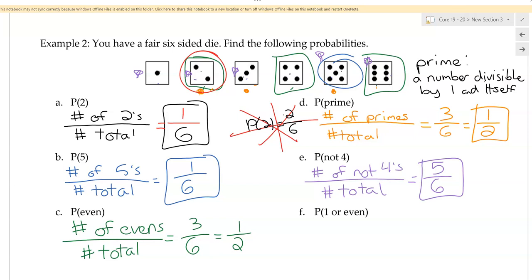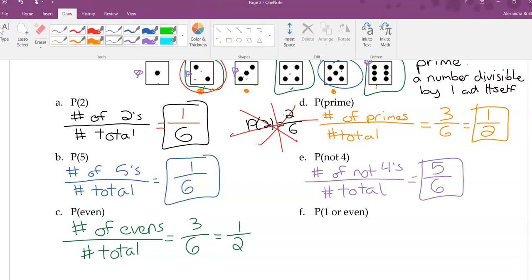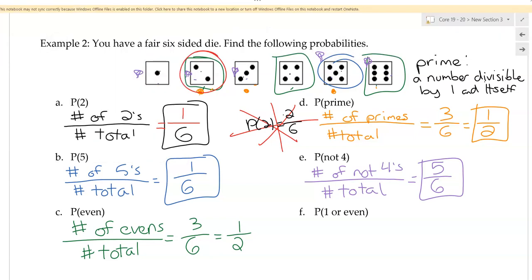And finally, the probability of 1 or even. Number of 1s or evens over the number total. This is my only 1.